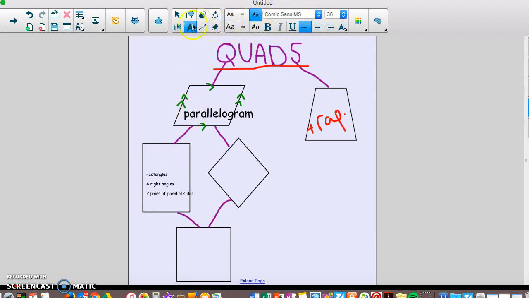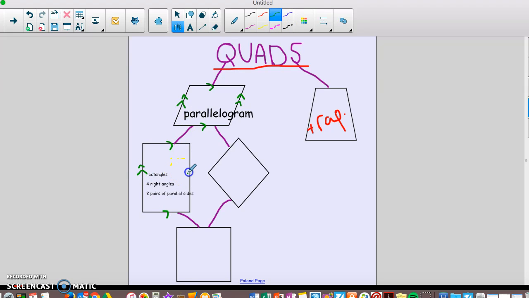The parallel sides on a rectangle are here and here. This shows that this rectangle is also a parallelogram. It belongs to this category of parallelograms and quadrilaterals, because to be a parallelogram, you need two pairs of parallel sides, and a rectangle has that.